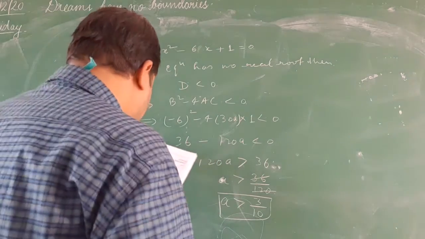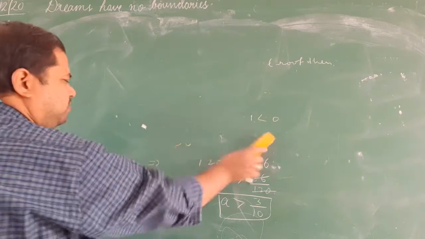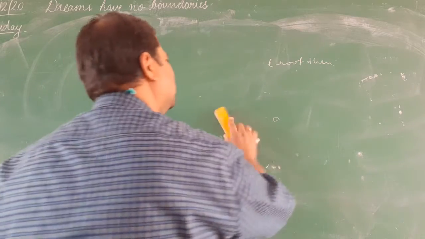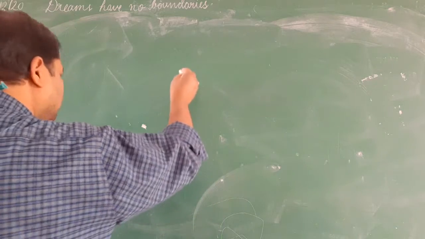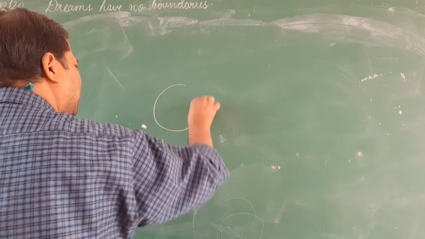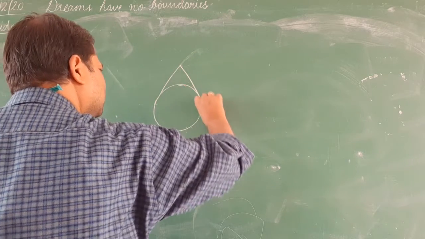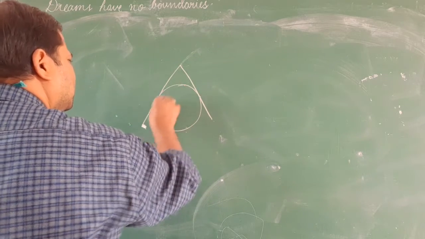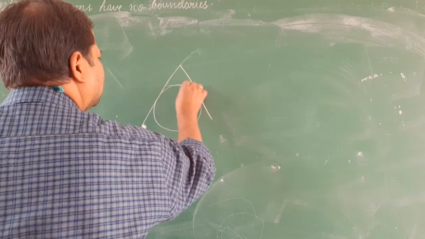If PQ is equal to 28 centimeter, see this question. First you see this is the triangle, then this is tangent to the circle.